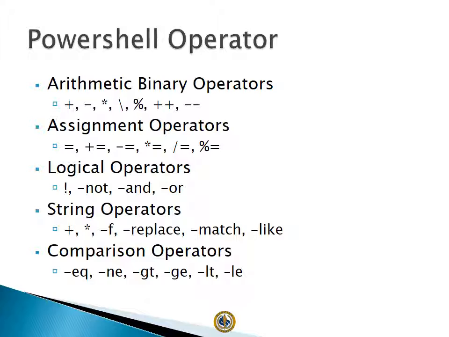You also have logical operators such as exclamation, -not, -and, -or. There are also string operators such as plus, star, -f, -replace, -match, -like. There are also comparison operators such as -eq, -ne, -gt, -ge, -lt, and -le.